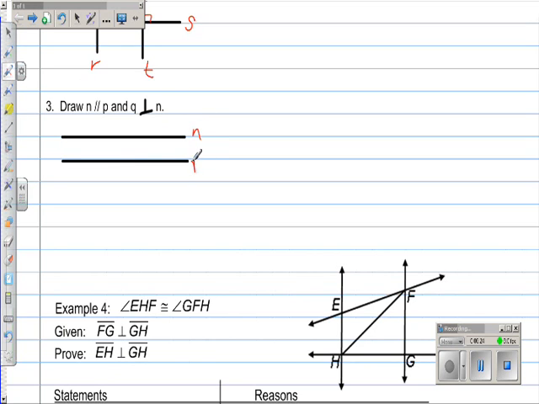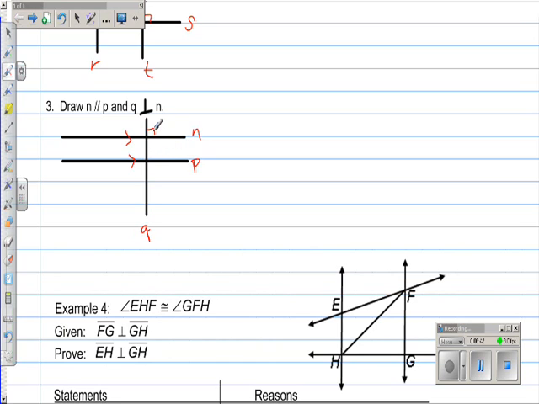We're told that those are parallel. Now we're to draw line Q perpendicular to N, so we know that those form a right angle.